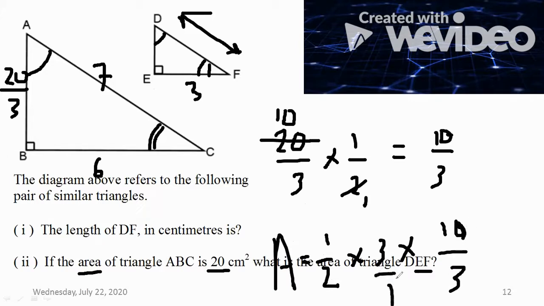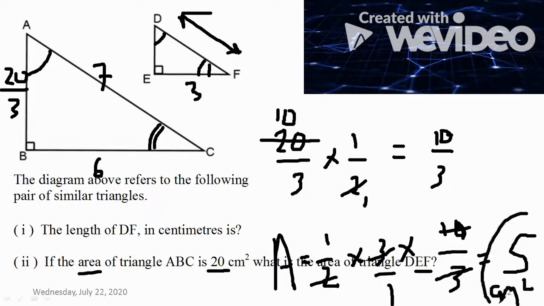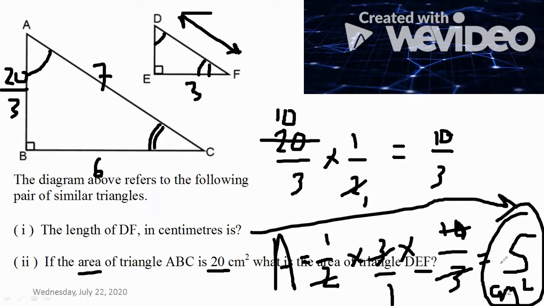Looking at this, the 3 cancels the 3 and 2 cancels into the 10 to give us 5 centimeters squared. So we notice it's not 10. The area is actually 5 centimeters squared.